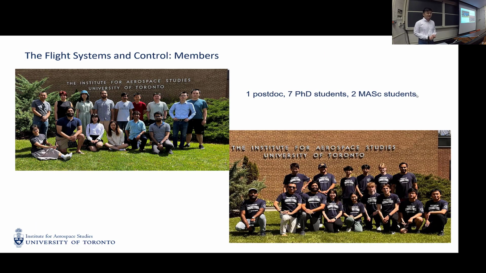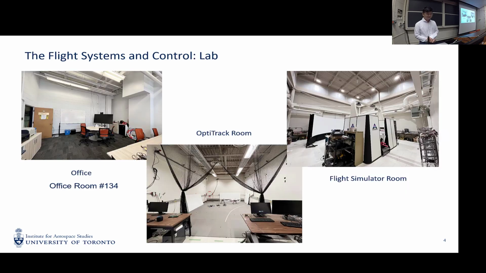Here are the members of our team. These are two group photos showing the members from last year to this year. Here is a picture of our office and our experimental room, which is called the OptiTrack room, where we do all the drone research.